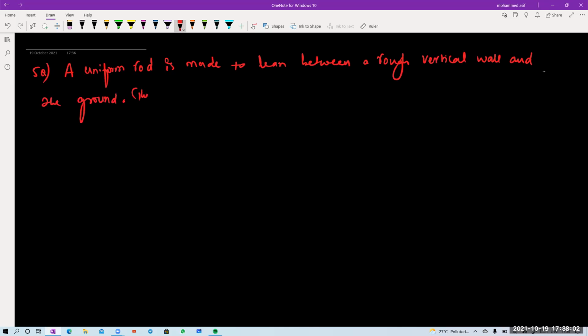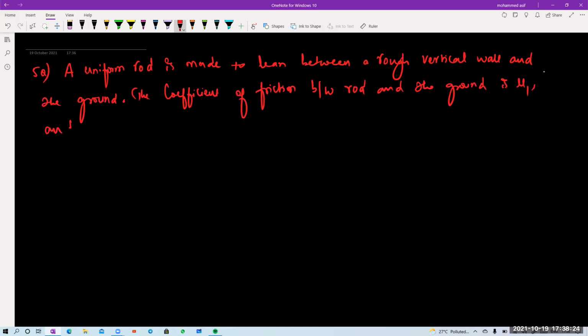The coefficient of friction between the rod and the ground is, say for example, mu1, and between the rod and the wall is mu2.